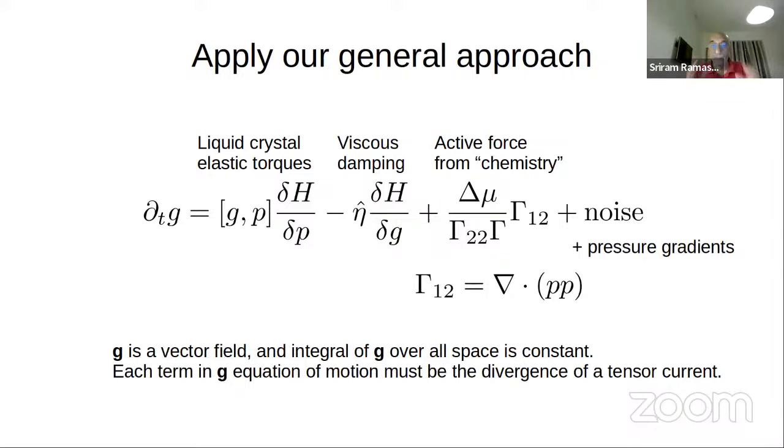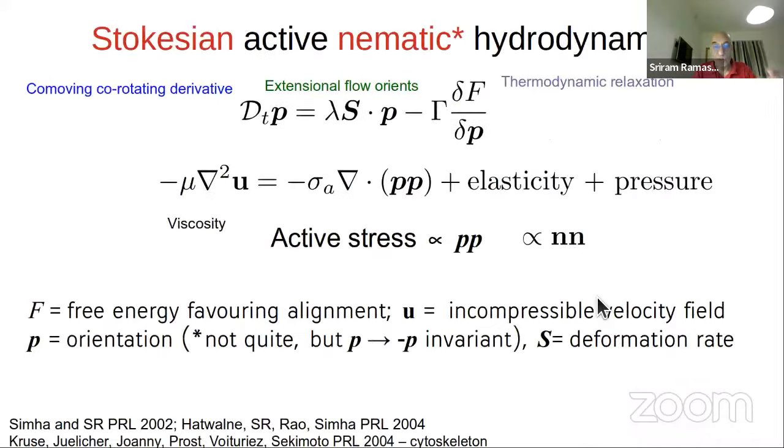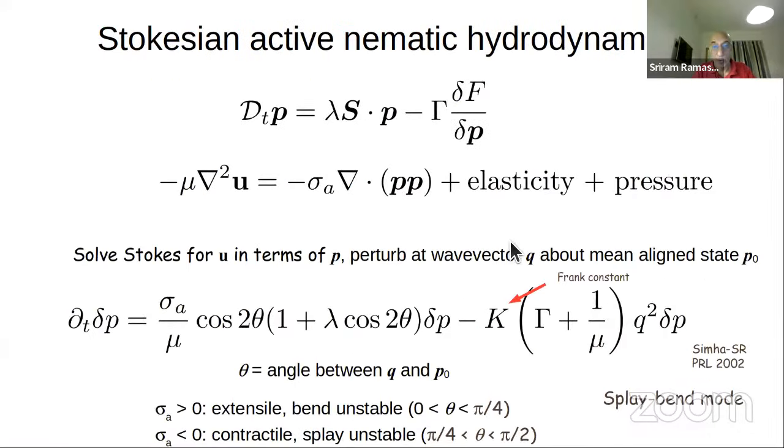That off-diagonal coupling in general depends on the slow variables. I write down the term with the fewest gradients and fewest powers of the slow variables that I can possibly find that's consistent with the symmetries of the problem. In this case, that simplest term is div of PP, which turns out to be very important, and it gives rise finally when you track it through to this instability that I told you about.